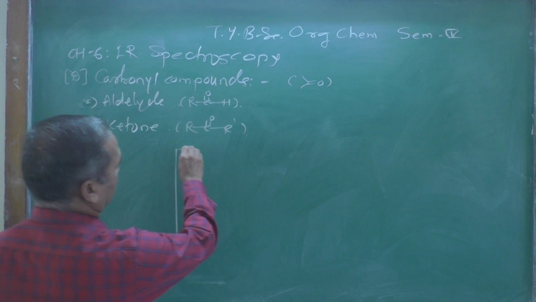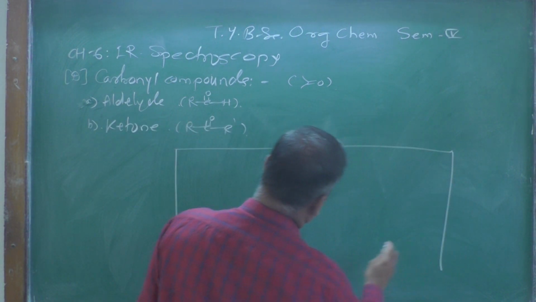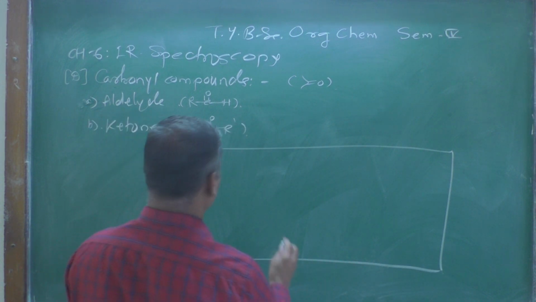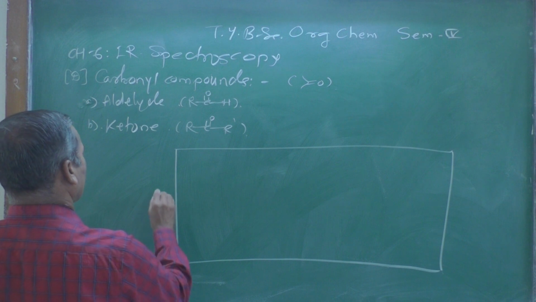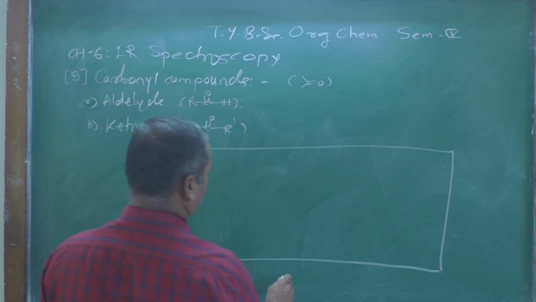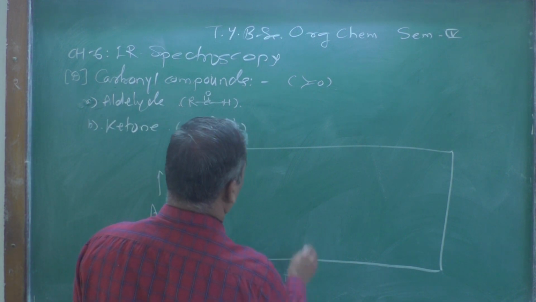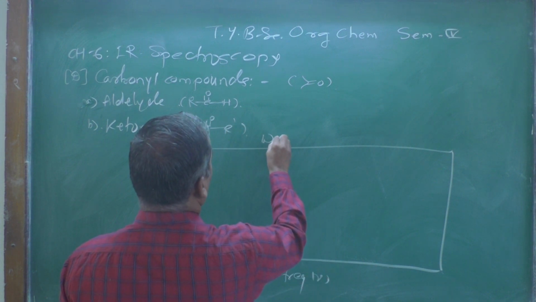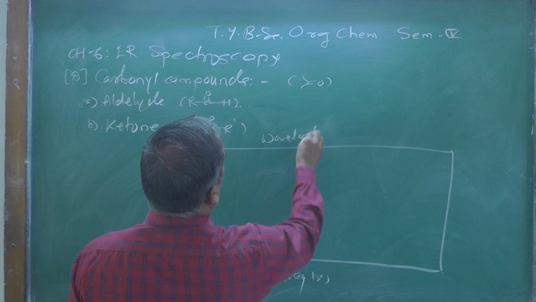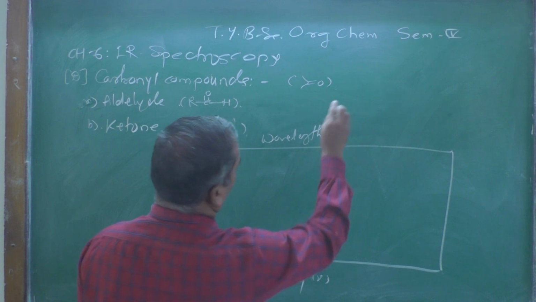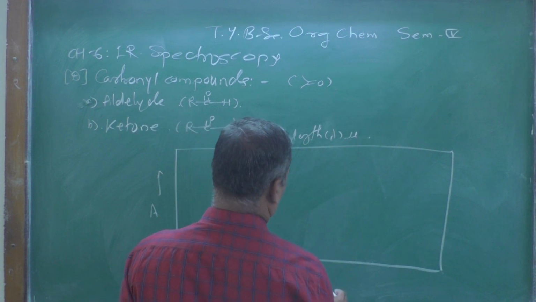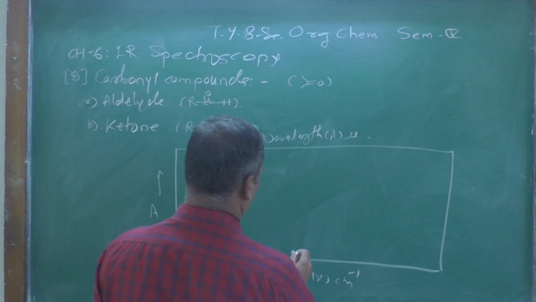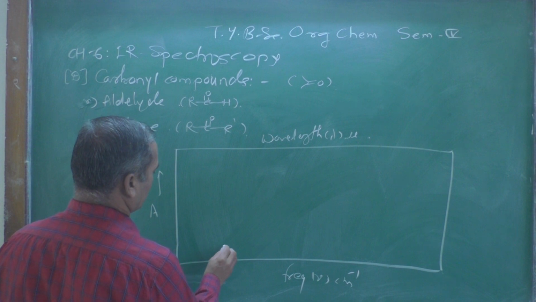Here I am displaying one of the spectra, for acetophenone. It is absorption versus frequency, here in micron is the wavelength, and it is in per centimeter, and this spectrum is for acetophenone.